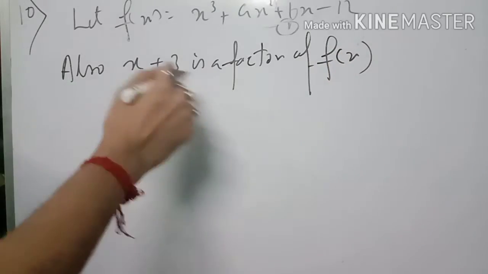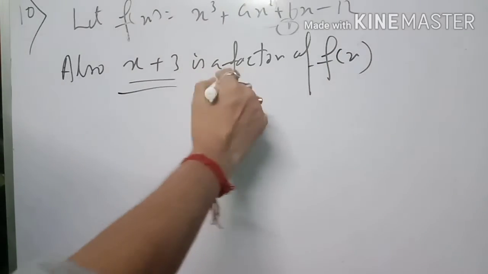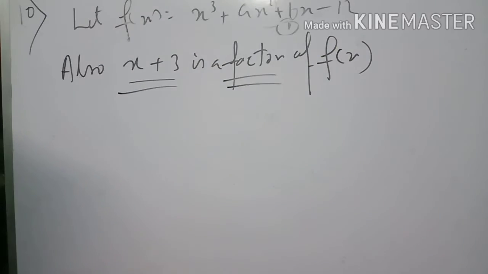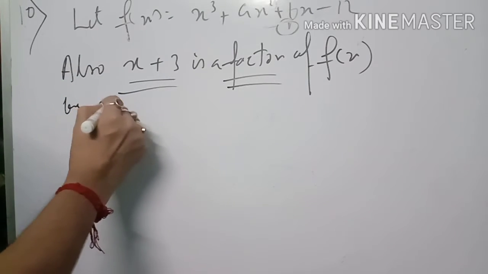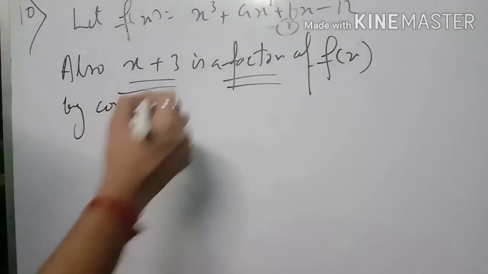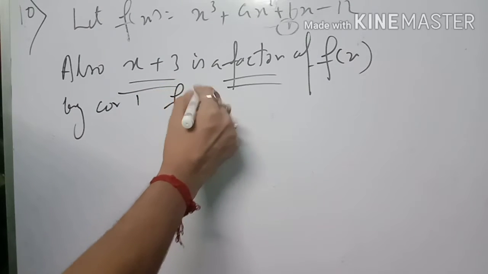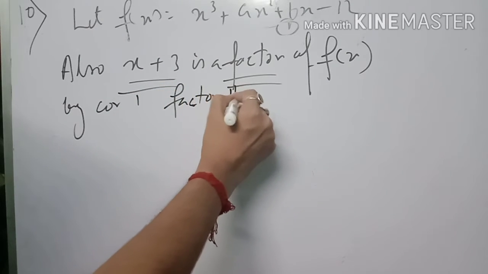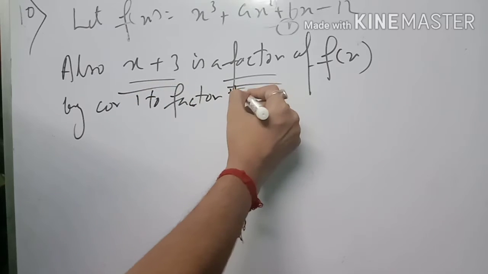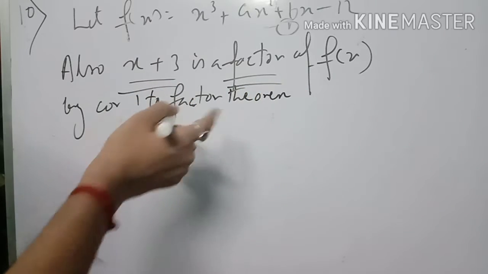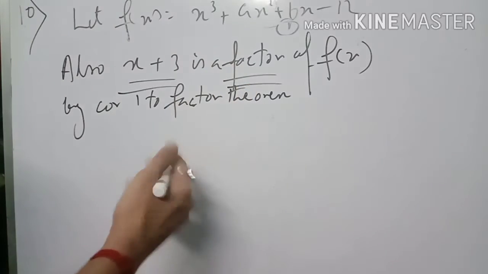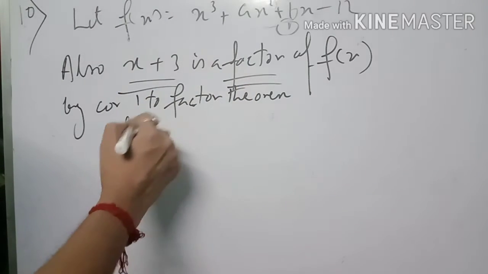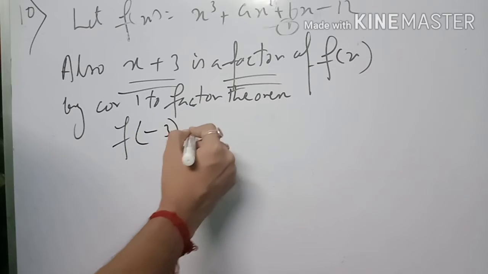Fine, x plus 3 is also a factor, so obviously the remainder will be 0 here also. So by corollary 1 of factor theorem, it will be f(minus 3).